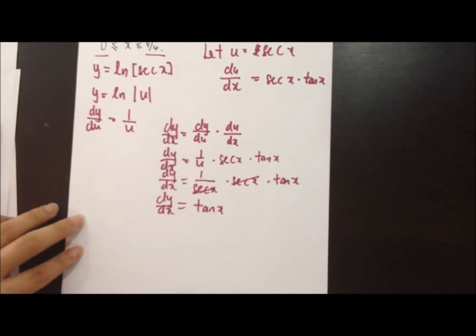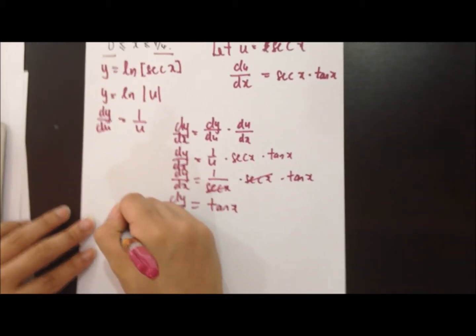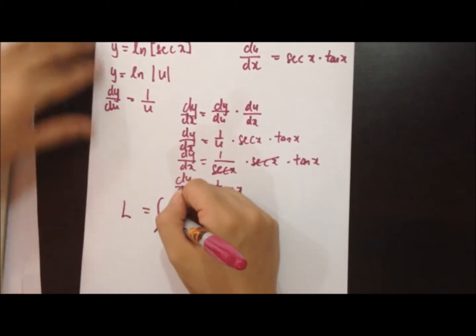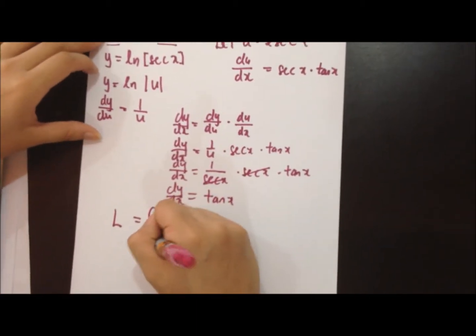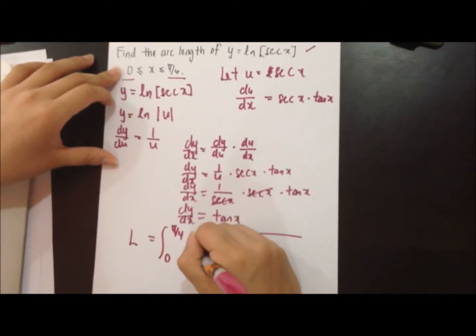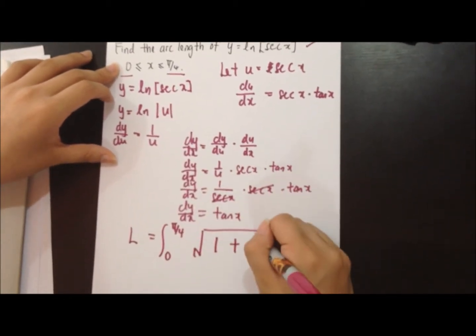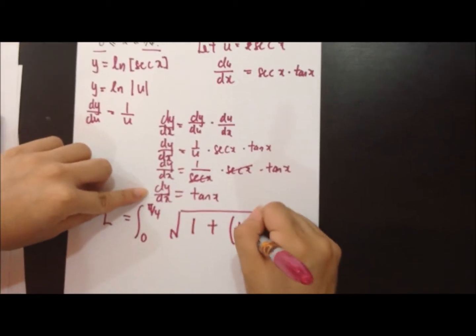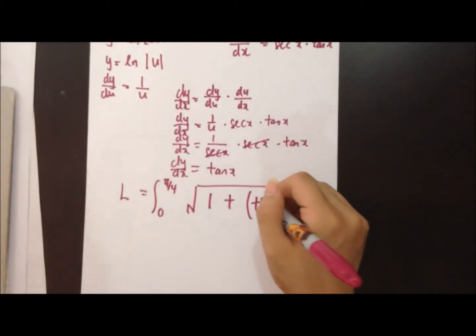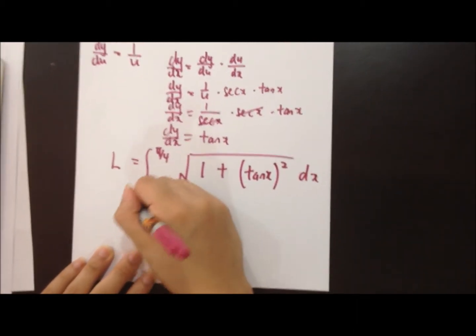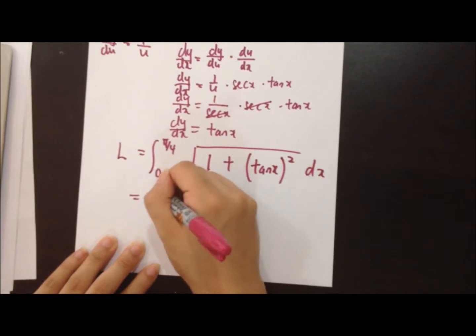So now we will use the arc length formula. The formula is in integration. The range is between 0 and pi over 4. Square root of 1 plus dy over dx squared. The dy dx is tangent x. So let us integrate it first.